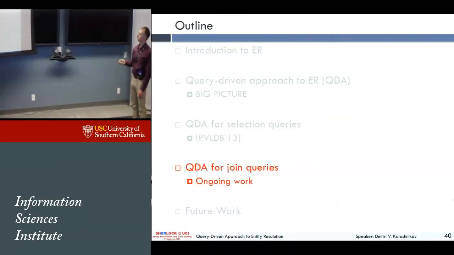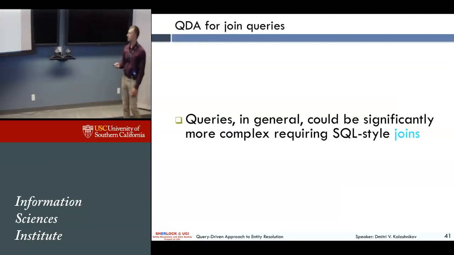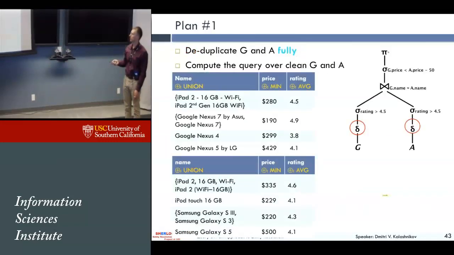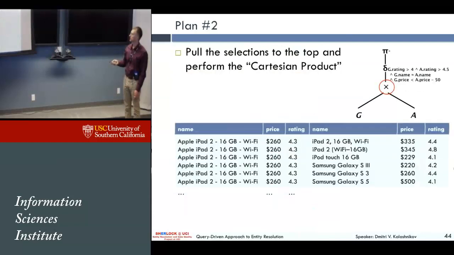Basically, now ongoing work. Selection queries are not the only queries in SQL. SQL also has joins and aggregation, and this is our ongoing work. I am not going to explain joins, but we are working on joins, and the paper is almost done.